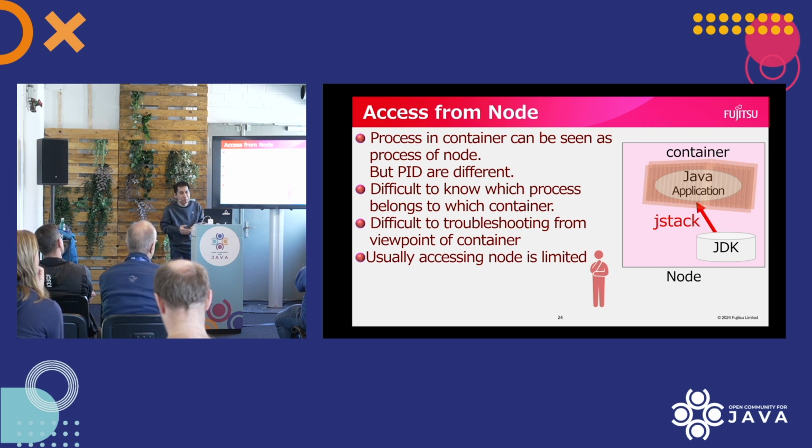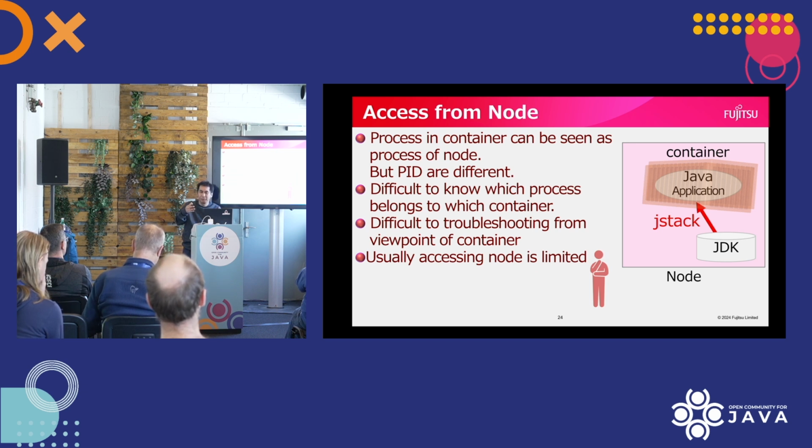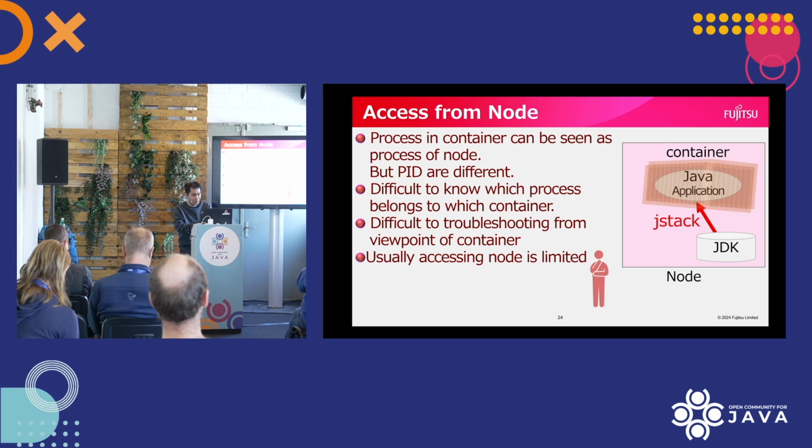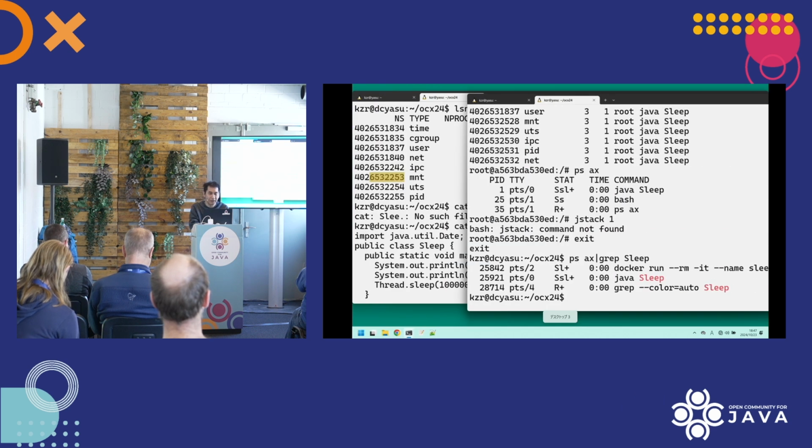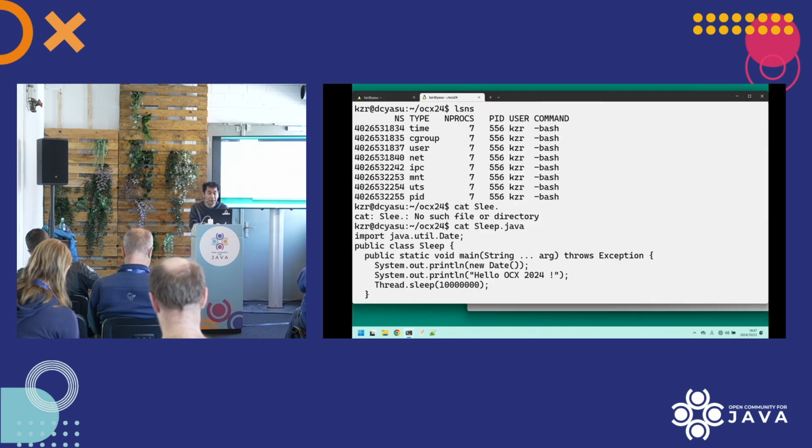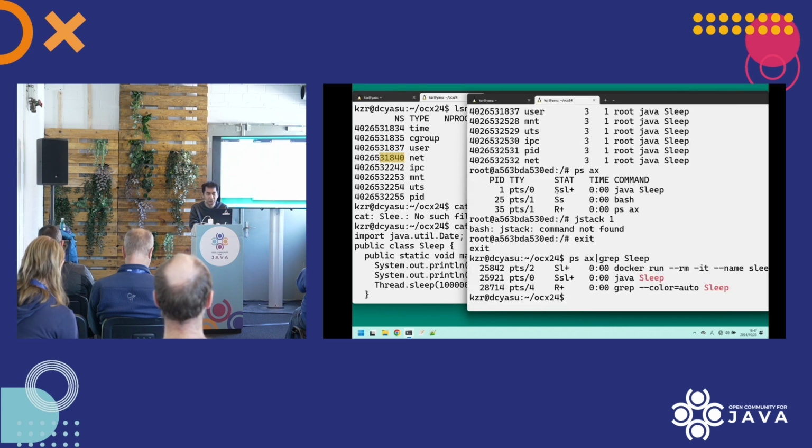Another problem of this method is that it is sometimes difficult to investigate specific troubles, such as a network problem, because the net namespace is also different between inside the container and outside the container.